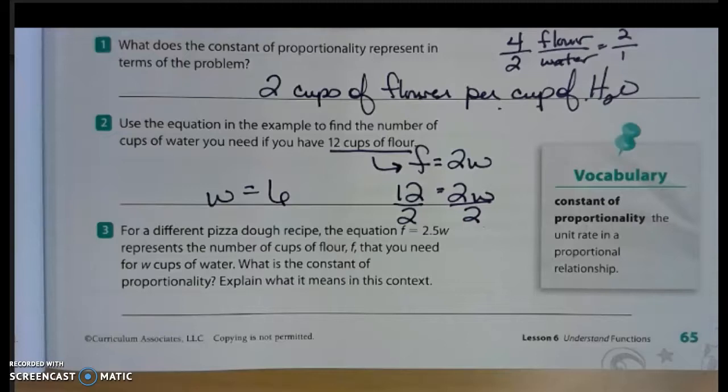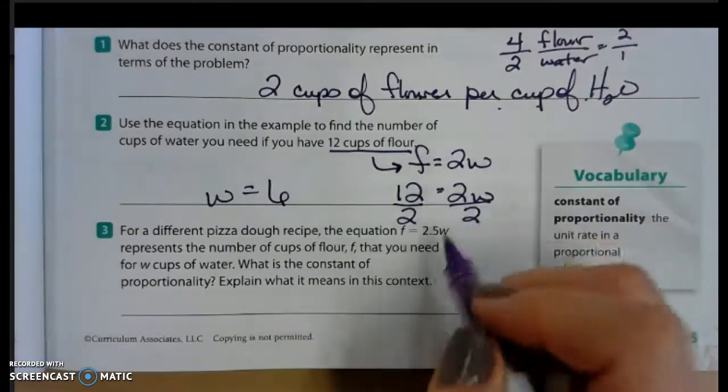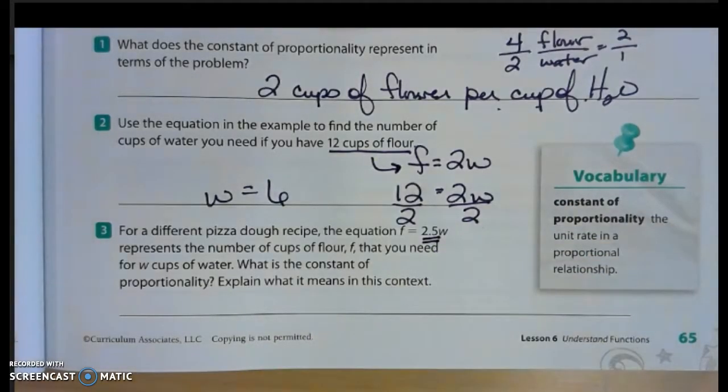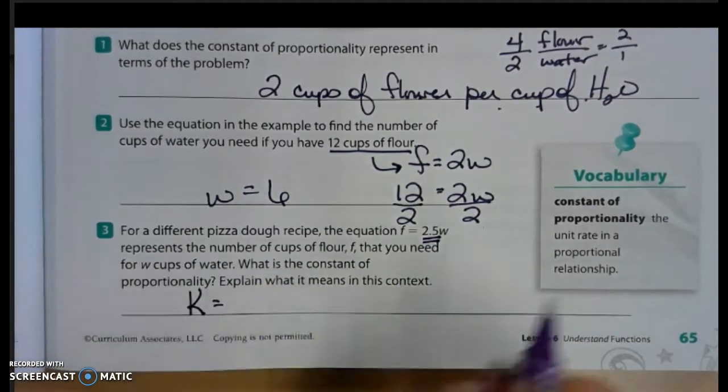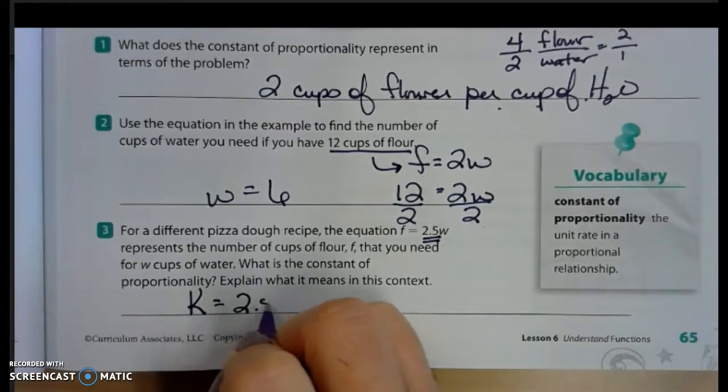Number 3 says for a different pizza dough recipe, the equation F is equal to 2.5 W represents the number of cups of flour, F, that you will need for W cups of water. What is the constant of proportionality, and explain what it means? Okay, the constant of proportionality would be that ratio that we're multiplying by W. So the constant of proportionality, they use a K for that, is 2.5.